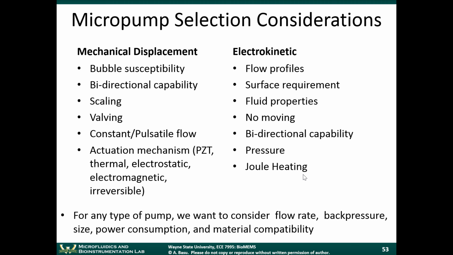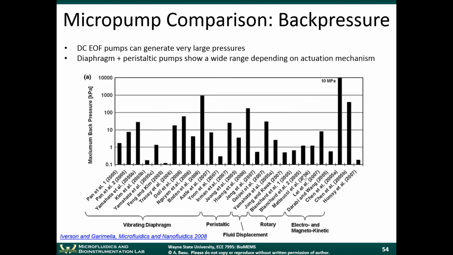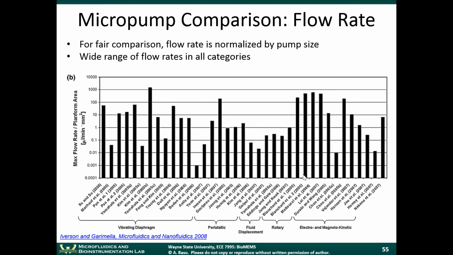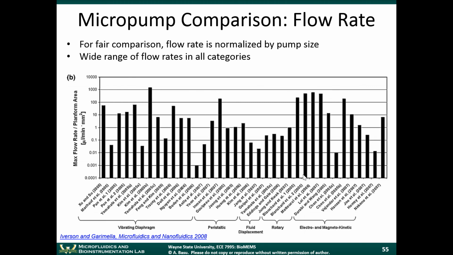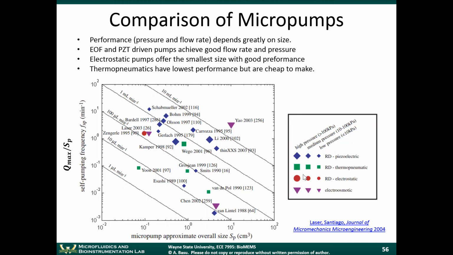So the short of the story is this: there's no particular pump that's better than any other one. It's more about which pump is appropriate for a given application. If you look through this Iverson paper here, they do a comparison of the back pressure and the flow rates of various types of pumps, and other people have done comparisons of micropumps as well.